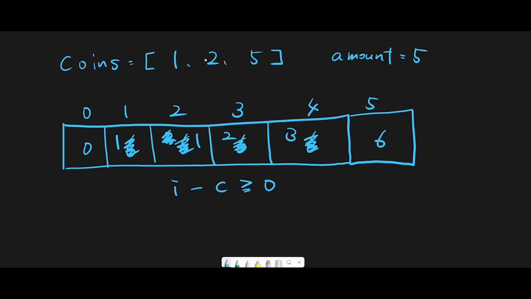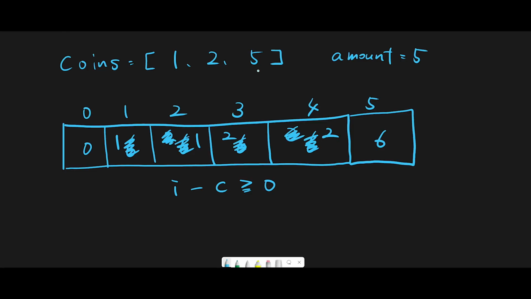And then we use coin 2 this time, so 1 plus 1. So total 2 coins to make up 4. The current minimum is 3, so 3 versus 2 coins, and 2 coins is the minimum, right? So update index 4 with 2.